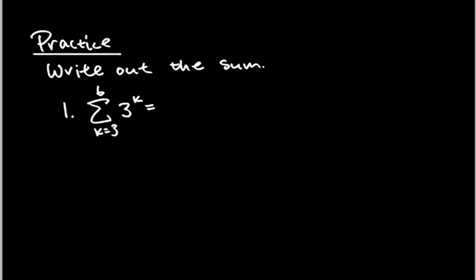So we're going to do 3 to the power of 3, plus the argument again, except now the index has gone up by 1. So we get that, and then 3 to the power of goes up again, 5. 3 to the power of go up again, 6. And then that's all.